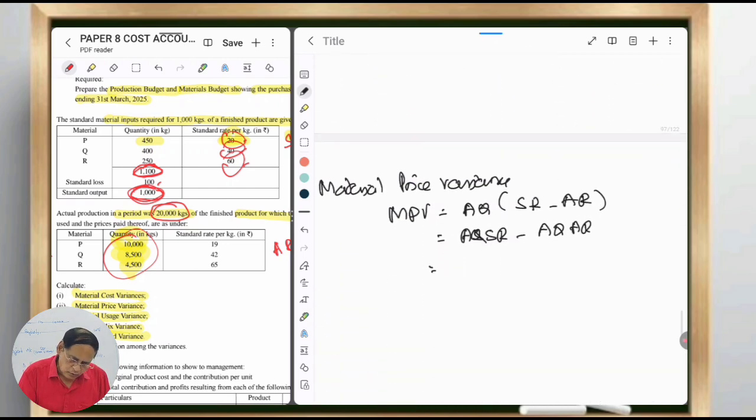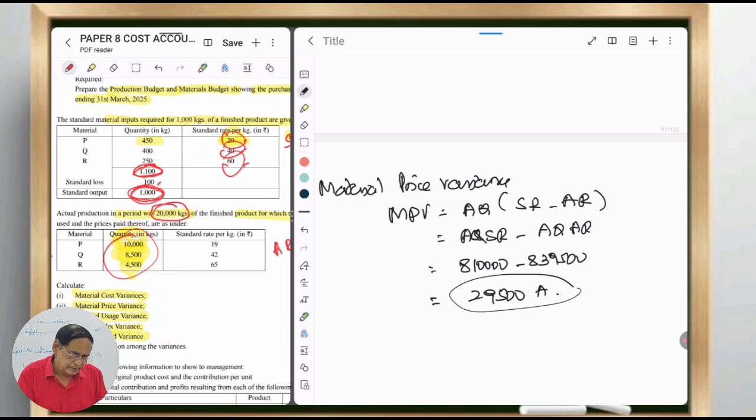So 8,10,000 minus 8,39,500 is 29,500 rupees adverse. So it is an adverse material price variance.